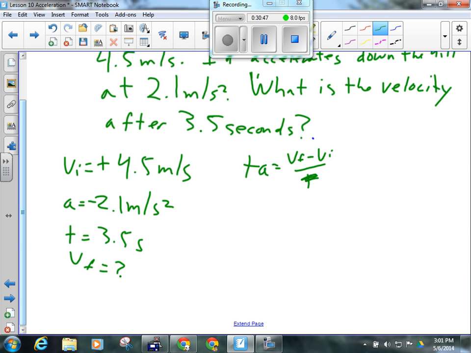We multiply both sides by T, and we add VI to both sides. That gives us VF. Now, when I plug in my numbers, this is where recognizing that A is backwards or negative compared to the initial speed is important. So, positive 4.5 plus negative 2.1 times 3.5.